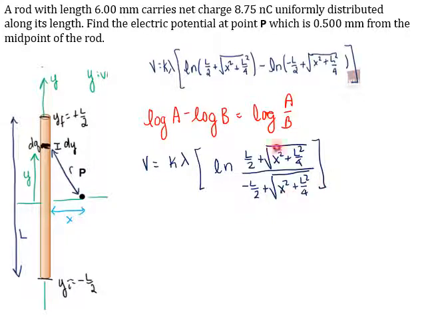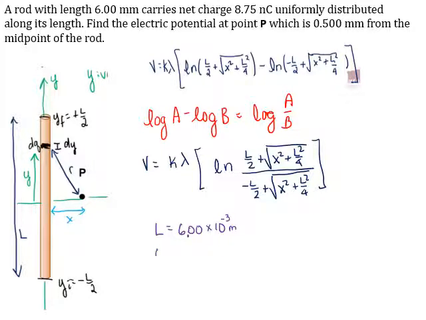So this is our expression for the electric potential at point P, which is a distance x away from the midpoint of the rod. We're given some numbers here, so we'd like to find the value of this electric potential. So for our values, we're given that the length of the rod is 6 millimeters, 6 times 10 to the minus 3 meters.